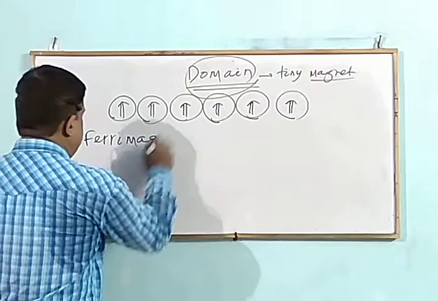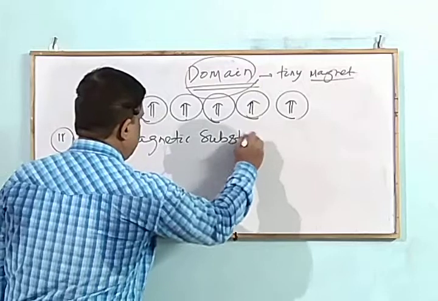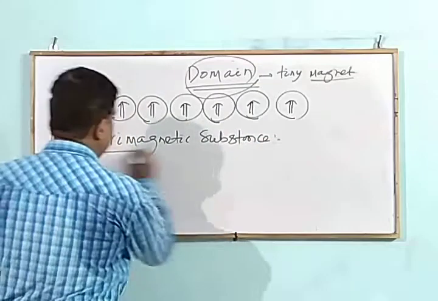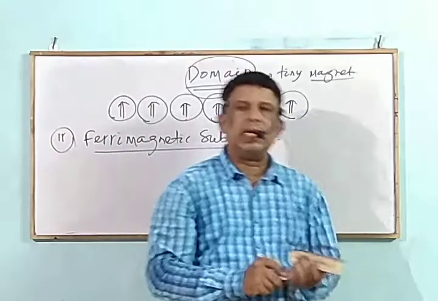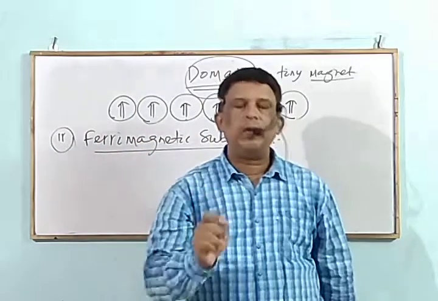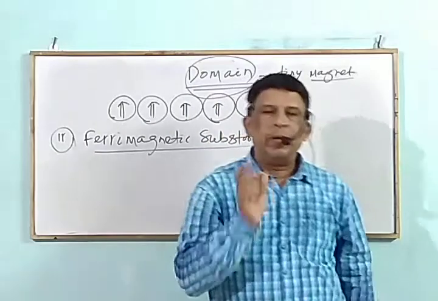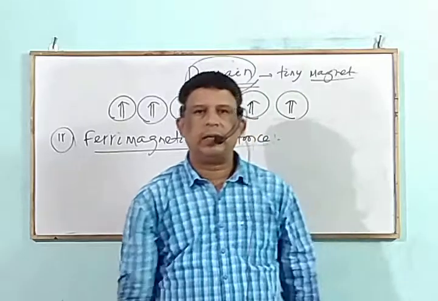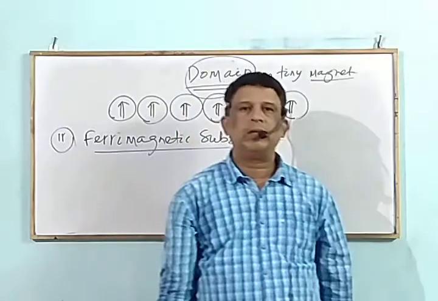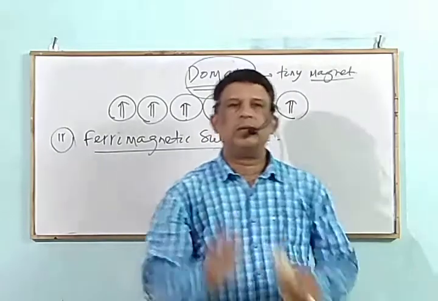ferrimagnetic substance. These are some substances where, on the basis of their domain, they behave as a strong magnet. But actually, their dipole moment is zero.